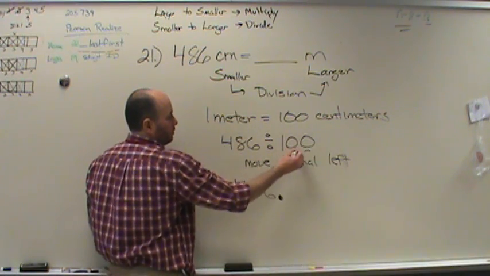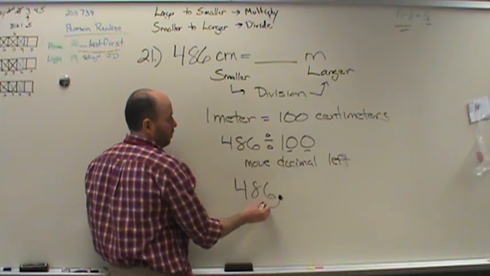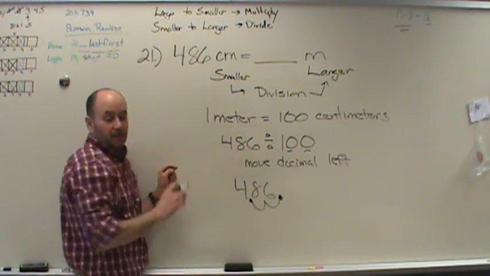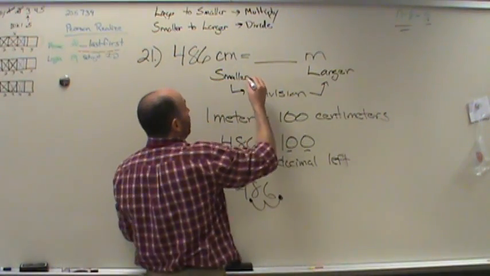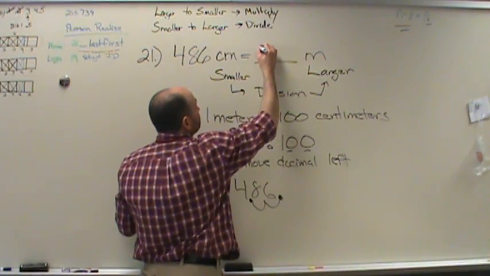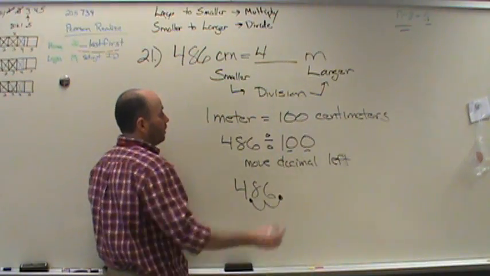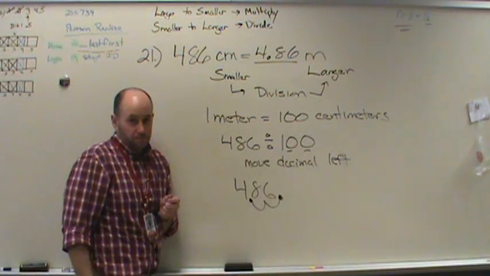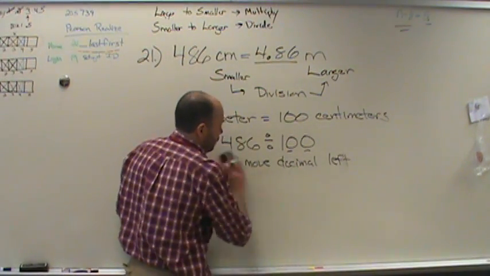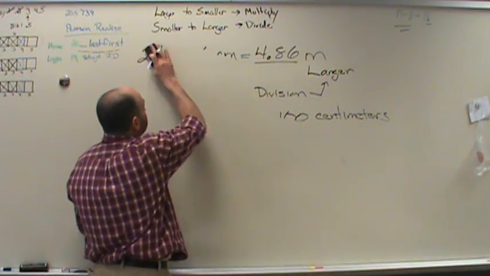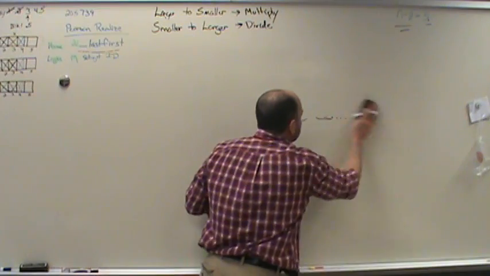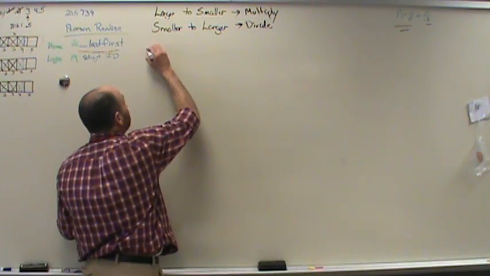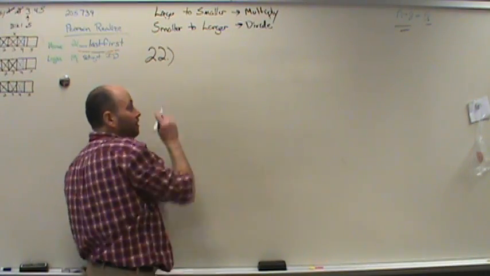Move it over 1, 2 places to the left. So if you have 486 centimeters, you have 486 hundredths of a meter. All right, let's do problem number 22. Give that one a try now.